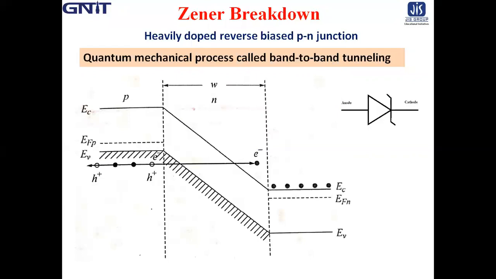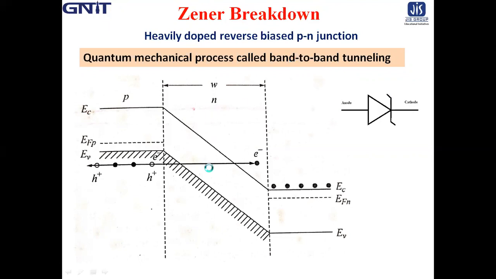That is, the N side conduction band edge is lowered with respect to the P side valence band edge. The peak electric field at the junction approaches values of the order of 10 to the power 8 volt per meter in silicon.